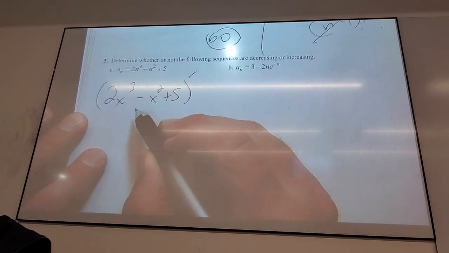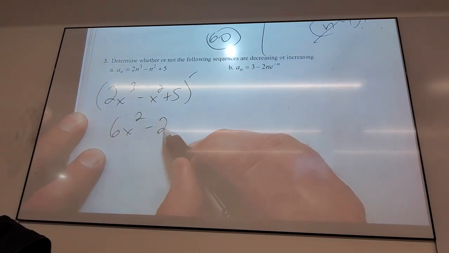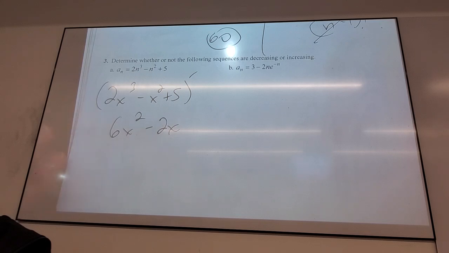What's the derivative of this? 6 over x squared minus 2x. What do you have to show? You have to show if this is greater than 0 or less than 0. And of course, what's the smallest value I could use for x, considering it came from a sequence? 1. So how do you determine if this is positive or negative?